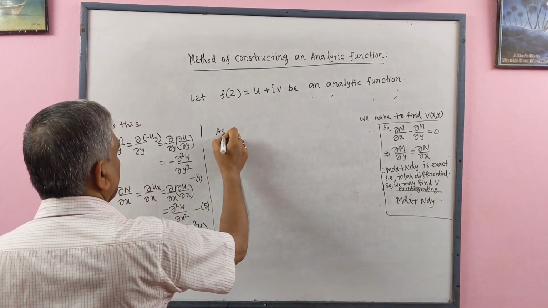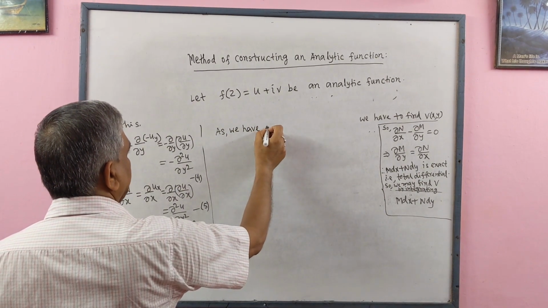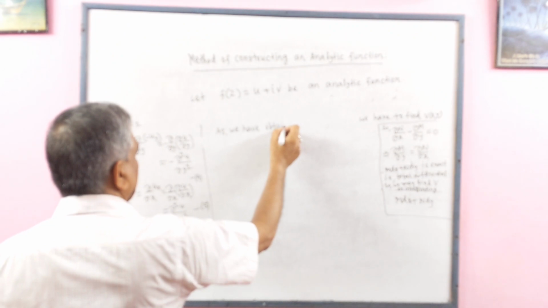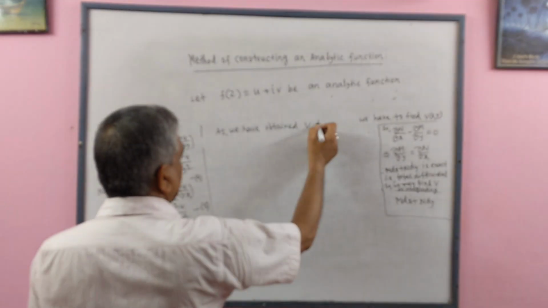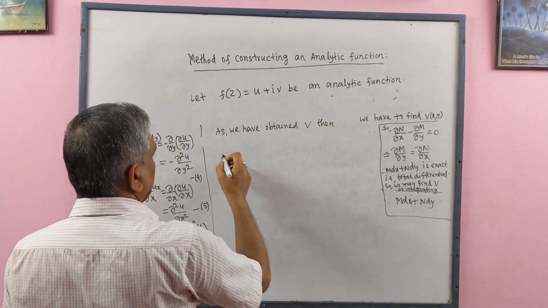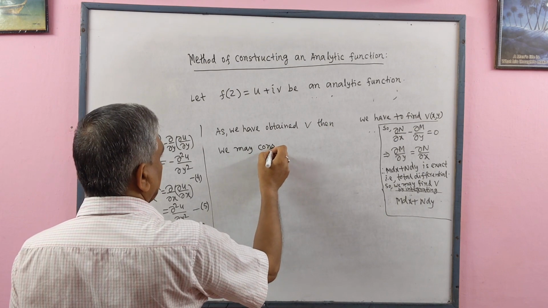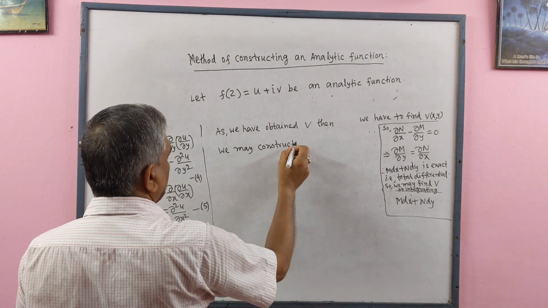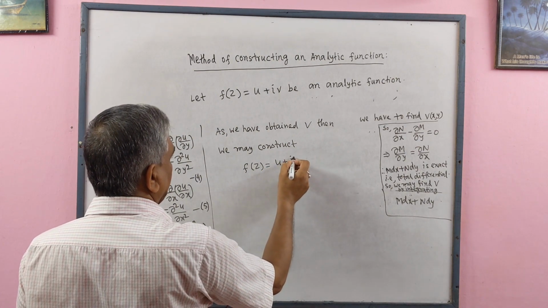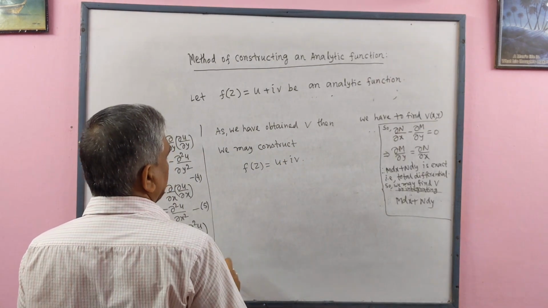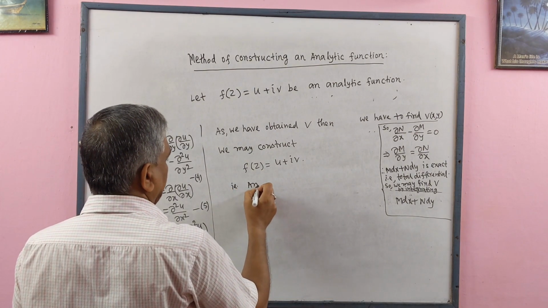As we have obtained v, then we may construct f(z) = u + iv, that is an analytic function.